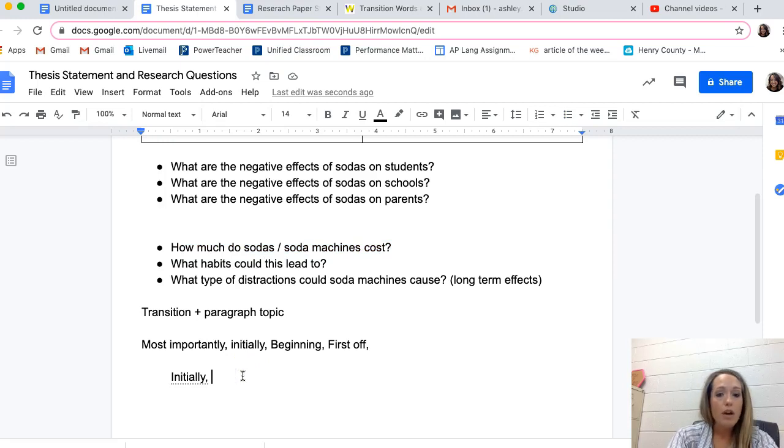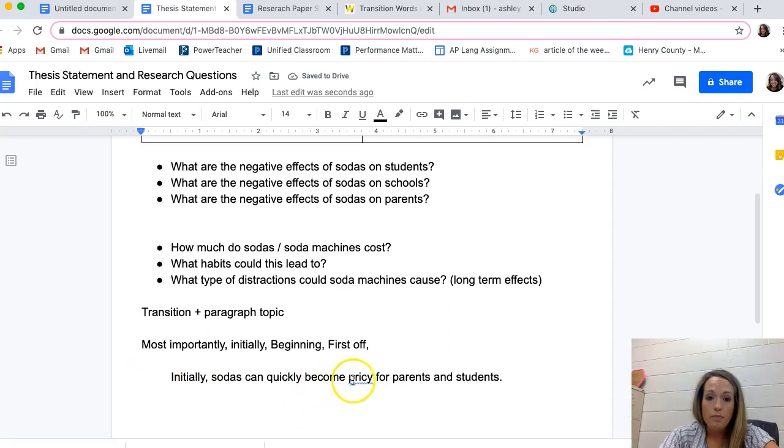So I am going to say initially, sodas can quickly become pricey for parents and students, right? Because that definitely is the case.